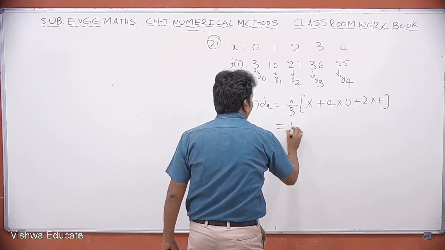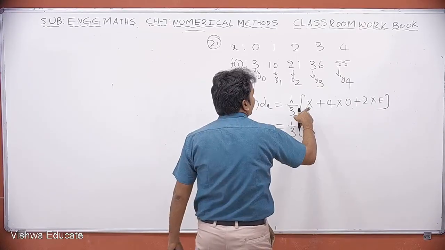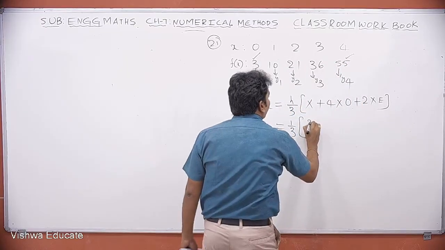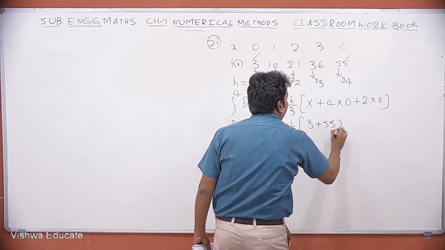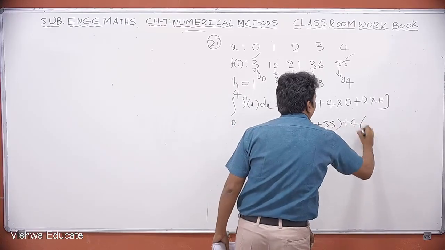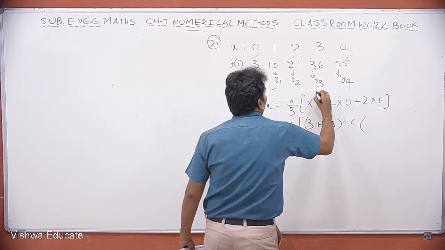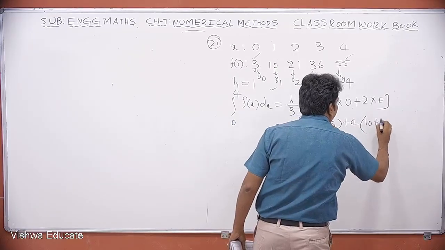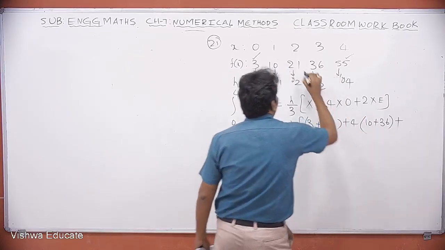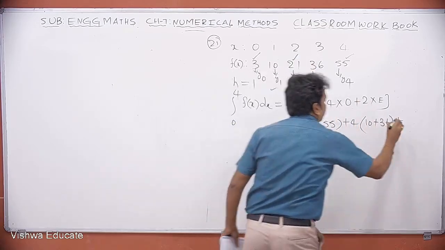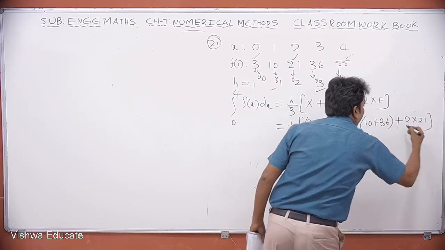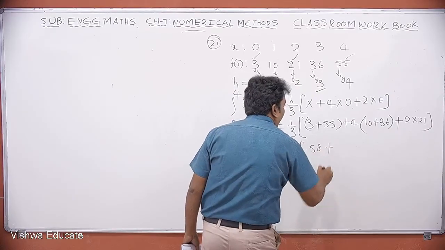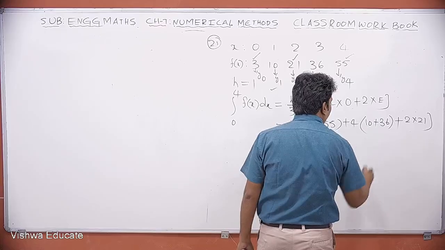So h value is 1. 1 by 3 into X, meaning sum of first and last y values, that is 3 plus 55, plus 4 into odd index y1 and y3, sum of y1 and y3, so it is 10 plus 36, plus 2 times even index, that is 21. 2 into 21. Therefore, this is 1 by 3 into 58 plus this is 46.